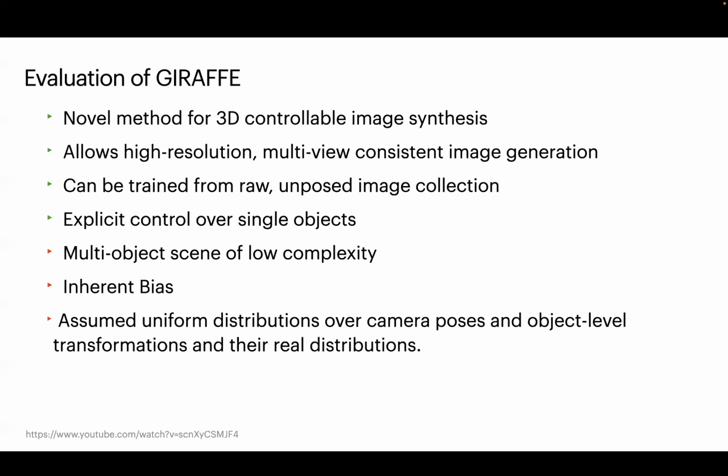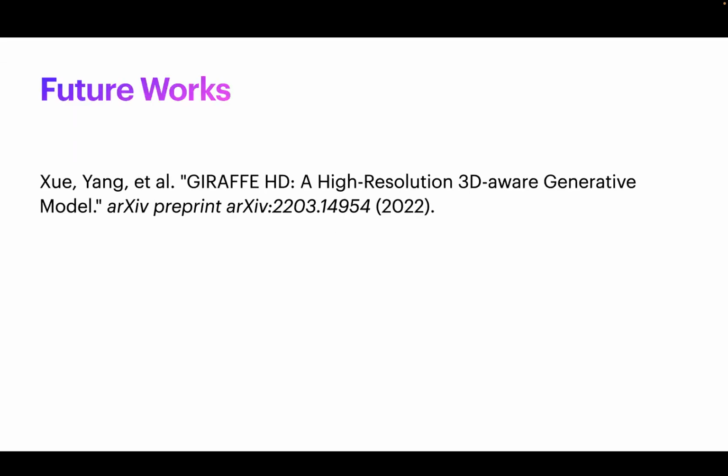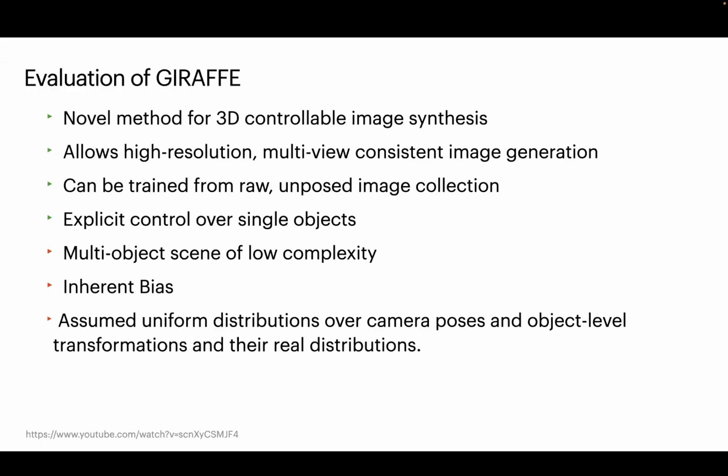And it also has some inherent biases. I think the inherent biases come from the sample part. If the images only have one viewpoint of the objects, then it will definitely not generate very good results, as I recall. It also assumes a uniform distribution over camera poses and object-level transformations, rather than their real distribution.